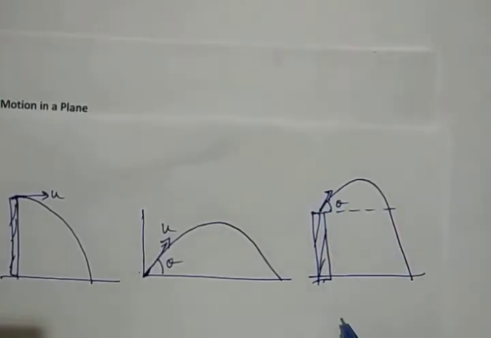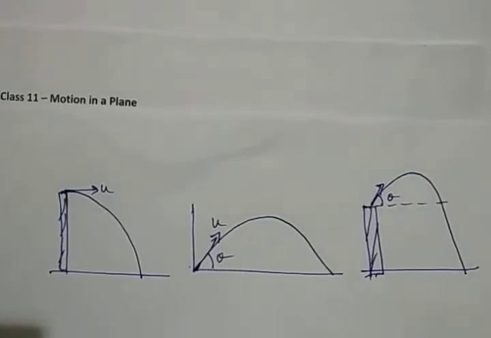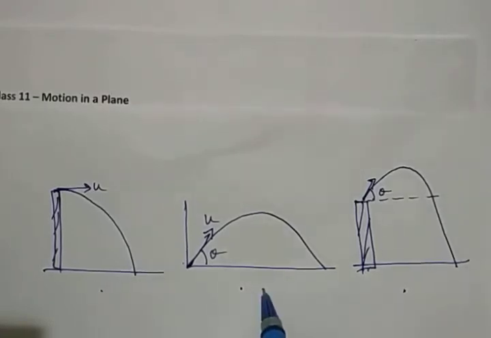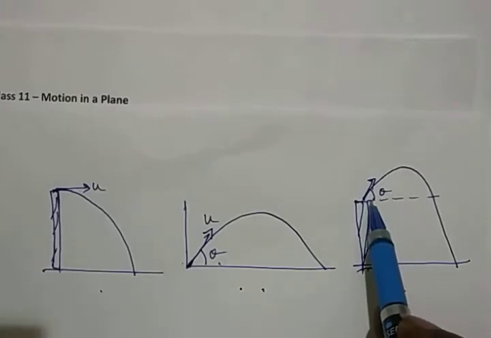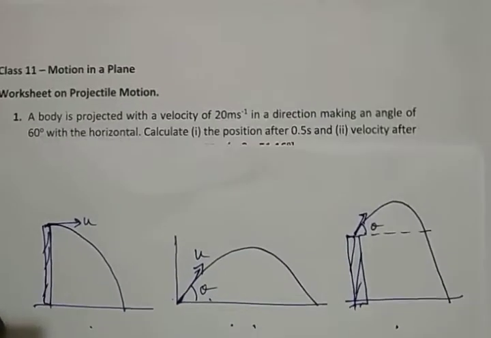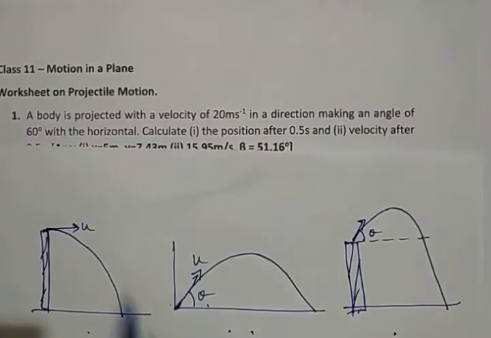Now this is theta. Whenever you see any question, first fix which type of projectile it is. Is it the horizontal projectile, or the projectile with an angle, or a projectile projected from a height? This question has an angle given here.